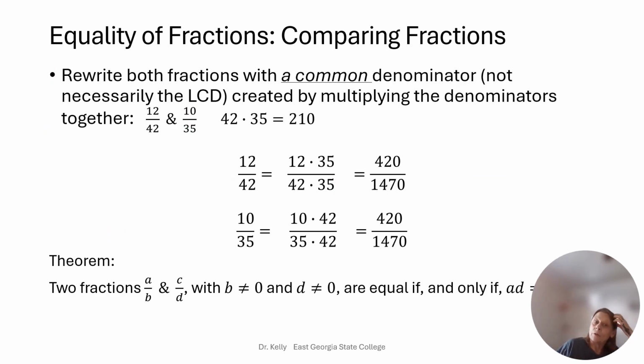Another way that you could do it, and probably the way that I explain it to adult learners for sure, is it doesn't really matter if you have the lowest common denominator. As long as you have a common denominator, you can do the work with fractions and then simplify the answer later. So that's what this idea is going with, is basically just rewrite the fractions with a common denominator.